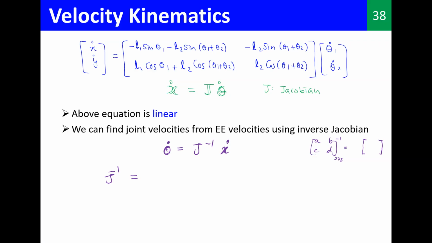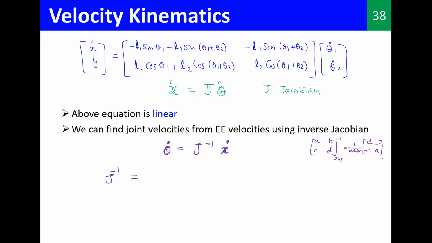Do you remember like a shortcut? If we have A, B, C, D, do you at least remember interchanging D and A and making this minus C and minus B? And here we have, of course, the determinant AD minus BC. Maybe you have come across this somewhere, right?